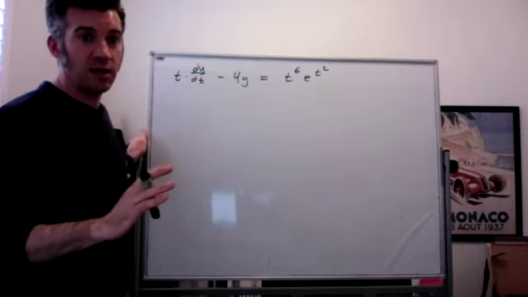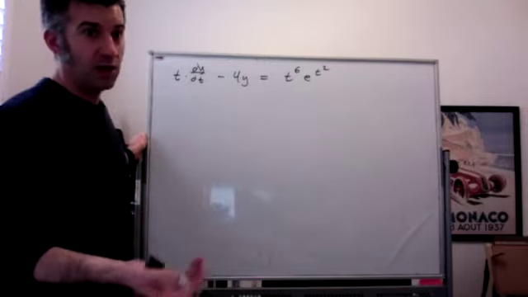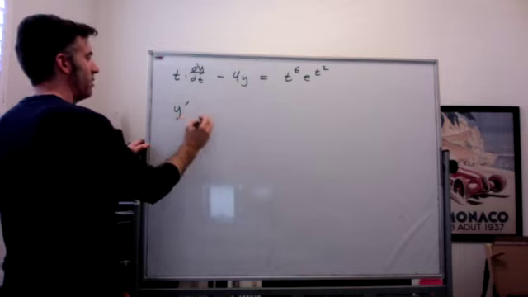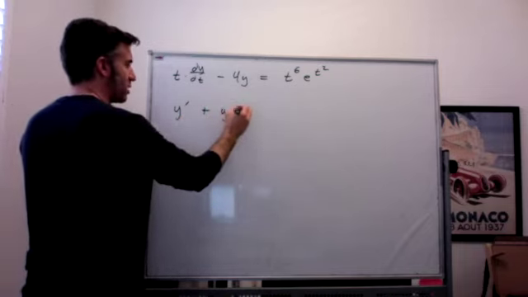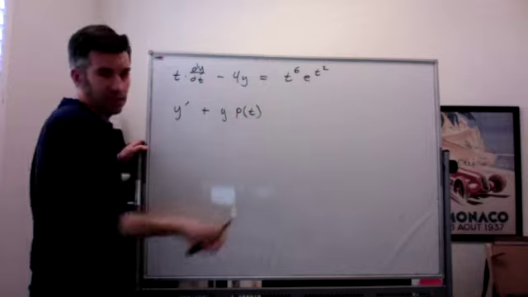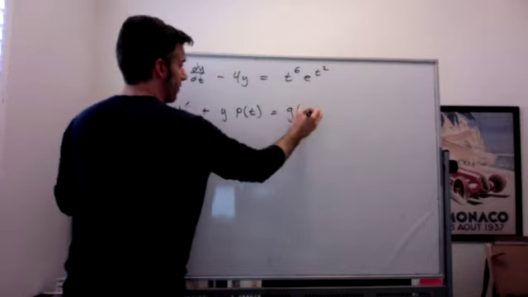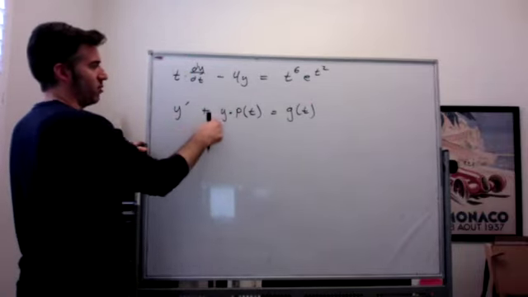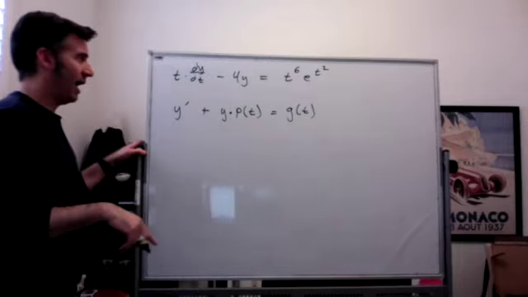For this to be a first order linear or an integrating factor problem, you have to be able to write it as y prime plus y times a function of your independent variable, which is t in this case, equal to some other function of your independent variable. So you have to be able to write it as y prime plus y times t things equal to t things. I don't have that yet.